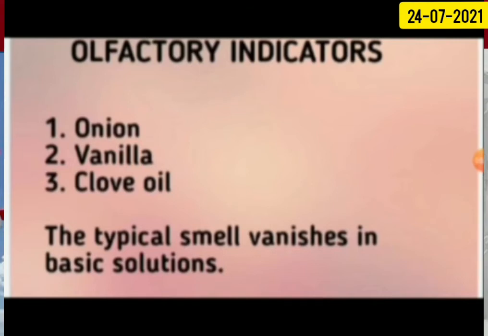Onion is a natural indicator. It has a pungent smell. We know that in an acidic condition, the smell remains the same, and in a basic condition, the pungent smell will be gone. In the case of vanilla and clove oil, the smell remains the same.